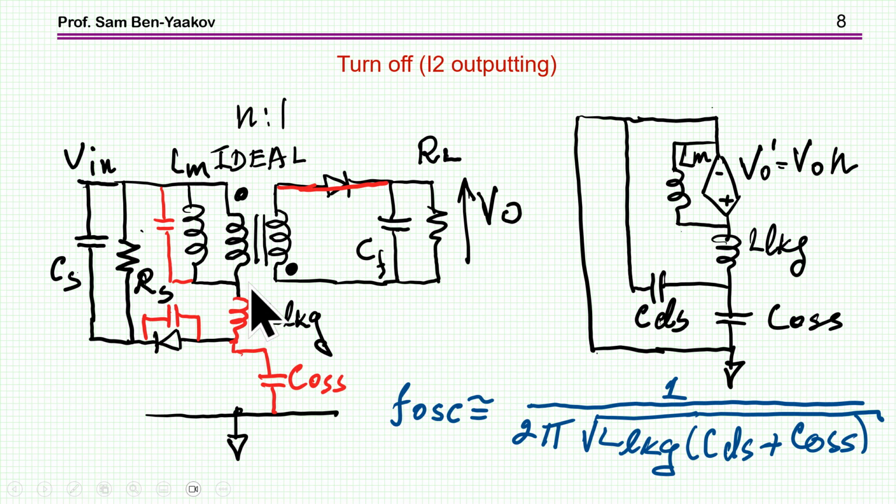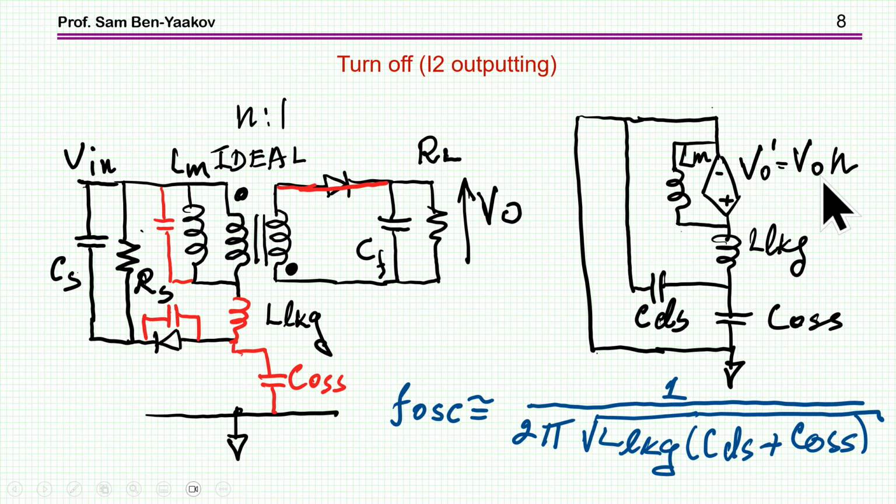Now at this stage, the diode is conducting. We are at the off after the on, so there is energy in the elements and the diode is conducting. I'm neglecting the voltage drop on the diode, and the output voltage is reflected to the primary. So here is a simplified schematic that shows just the elements that will cause the oscillation.